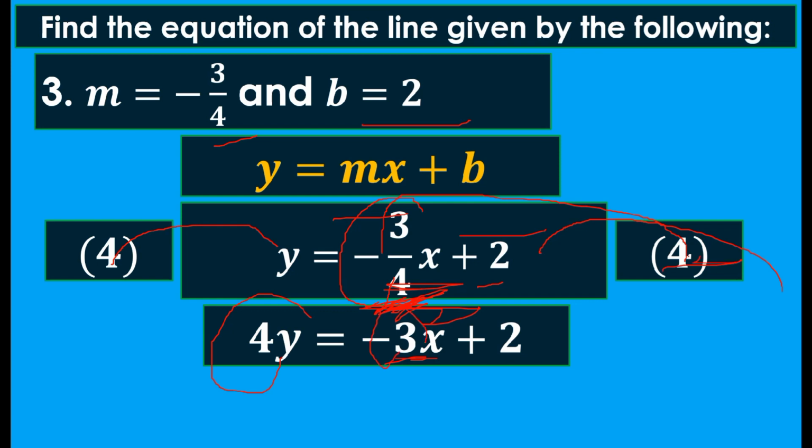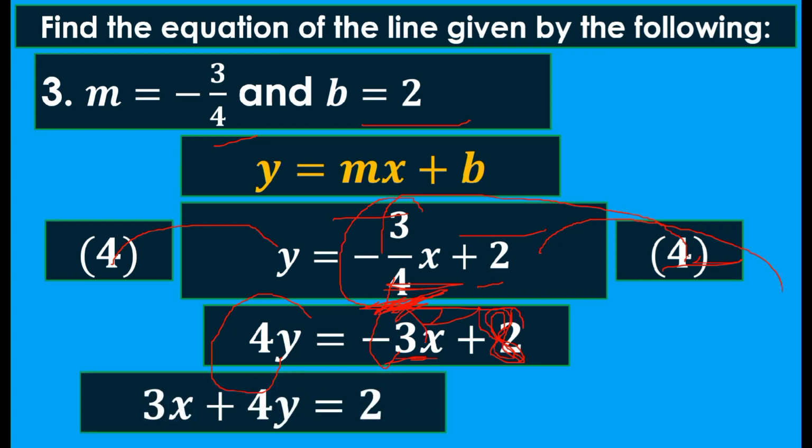But 4 times 2, this must be equal to 8. I'll repeat, this must be equal to 8. So, magiging 4y equals negative 3x plus 8. That must be 8, it's not 2. Okay? 3x plus 4y is equal to 8.